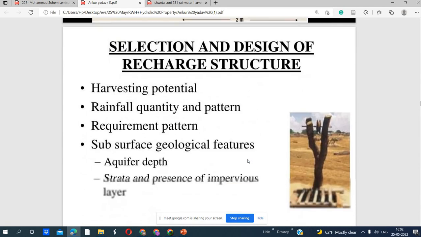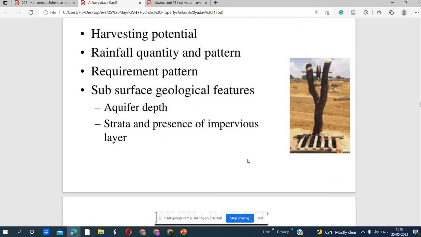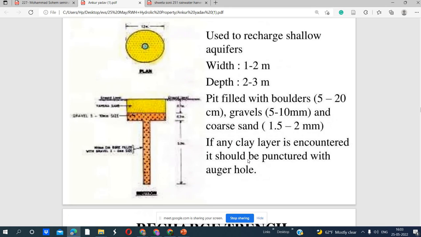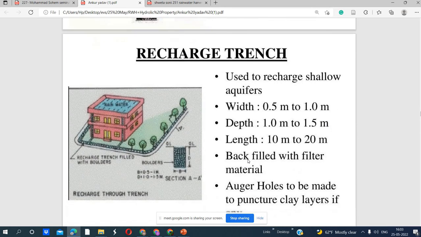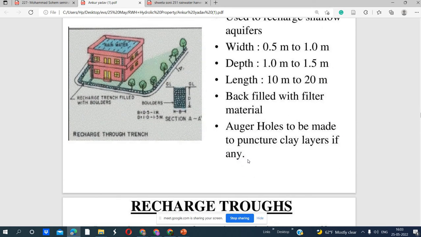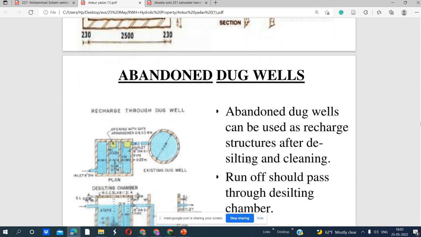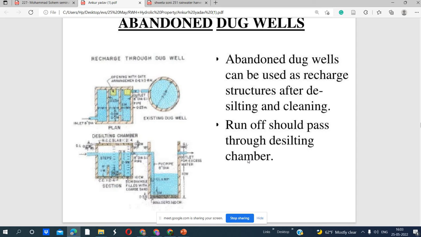You're not audible. What is the recharge pit? Recharge trench. You have included so much. What is abandoned dug wells?